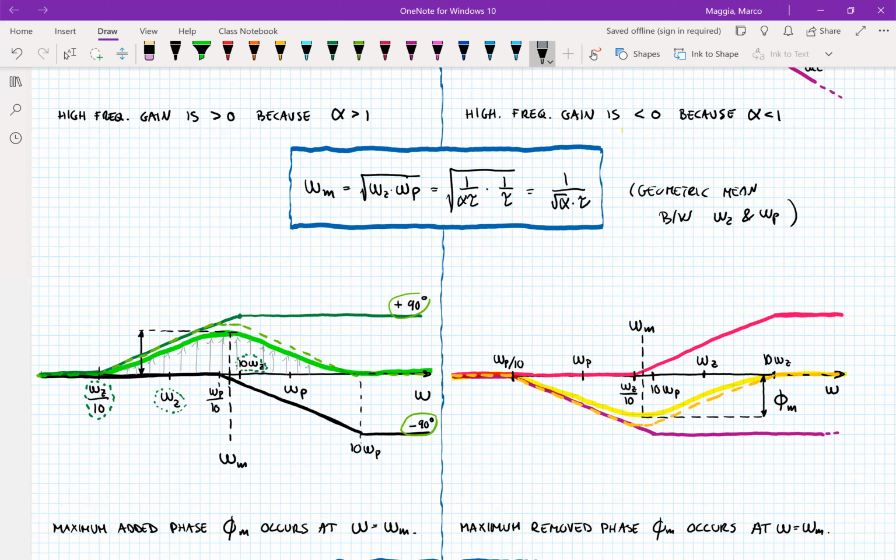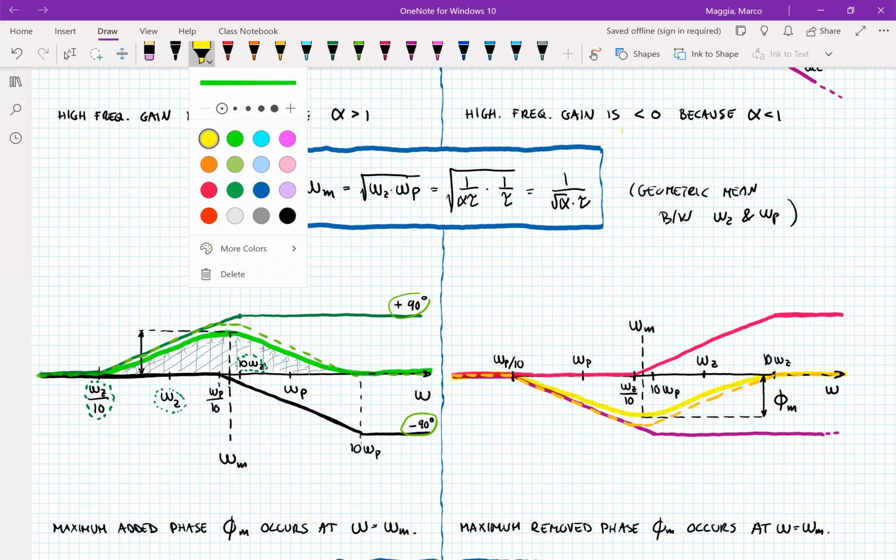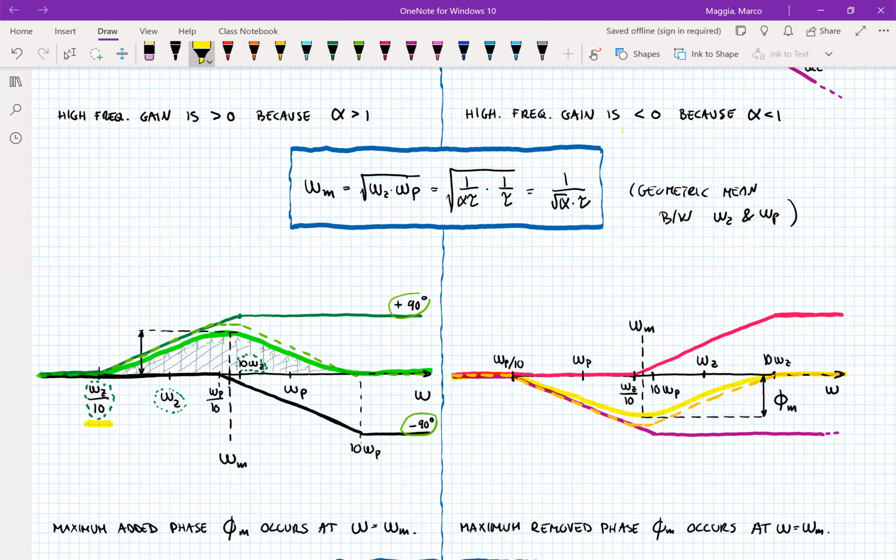And that's exactly why this is called a phase lead compensator, because we're adding phase to our uncompensated system. That's exactly all this area below the curve. We're adding phase only between omega z over 10 and 10 times omega p. And as a matter of fact, we'll reach its maximum contribution at omega m, so at the geometric mean between omega z and omega p.